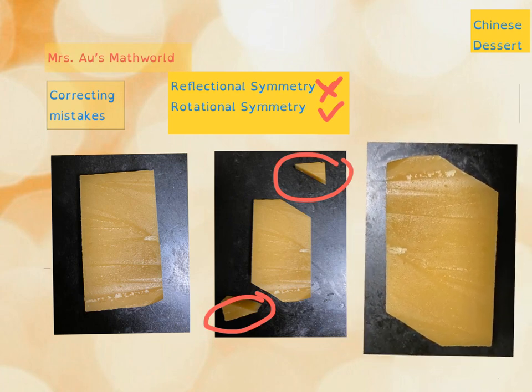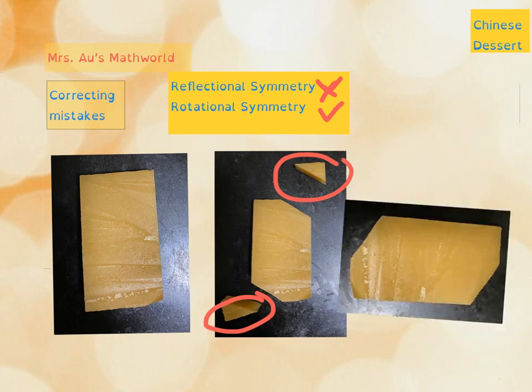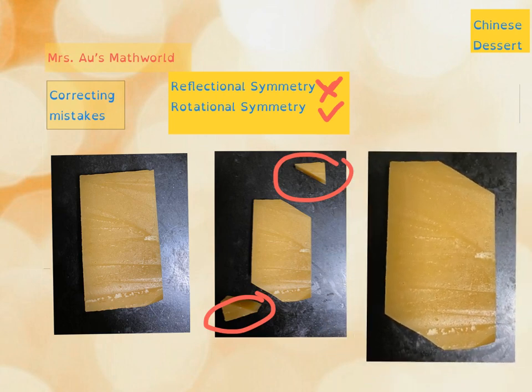You see, when I rotate it, the graph will repeat and repeat. But as you know, the triangle is not isosceles. That means when I cut it, I can't see any way to make a reflectional symmetry of the object.